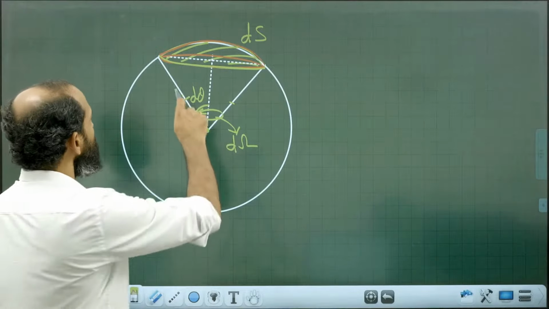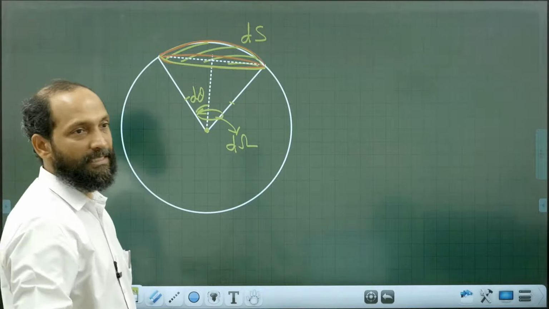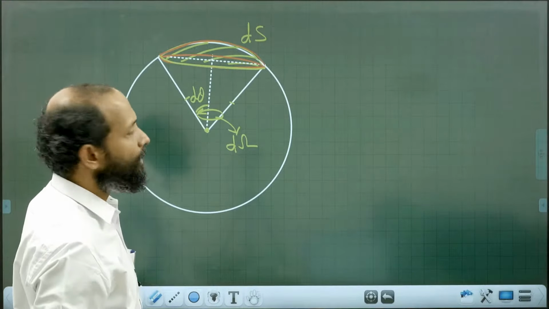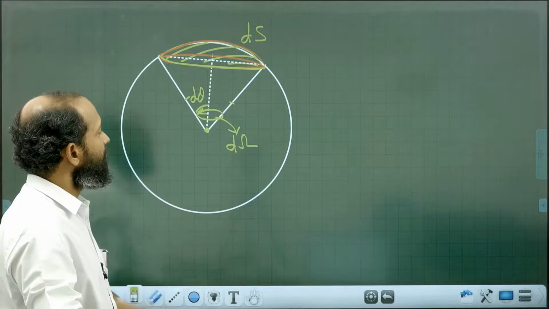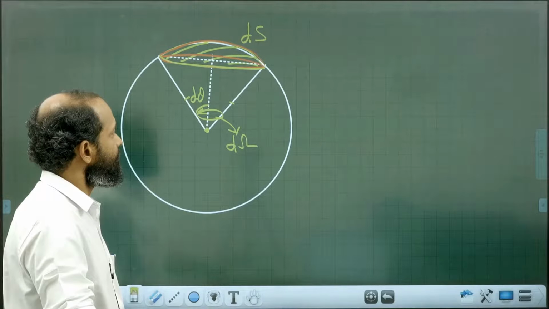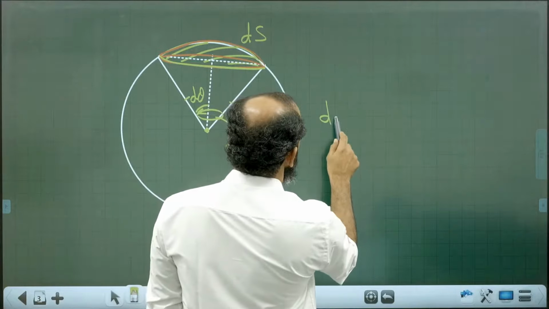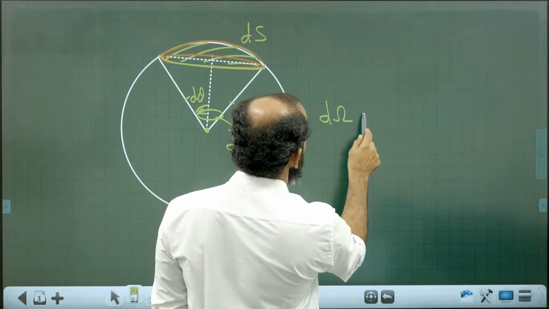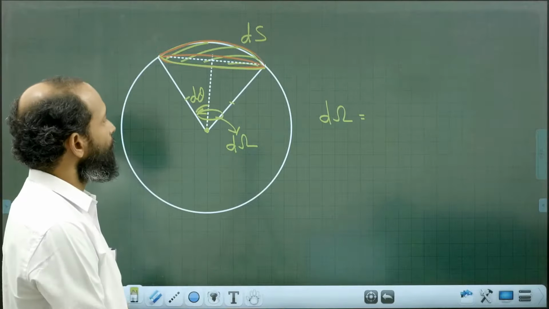By finding the area of the spherical cap, mathematically by integrating, you can find the correlation between this small half angle and the angle d omega. That relation is the formula for solid angle.